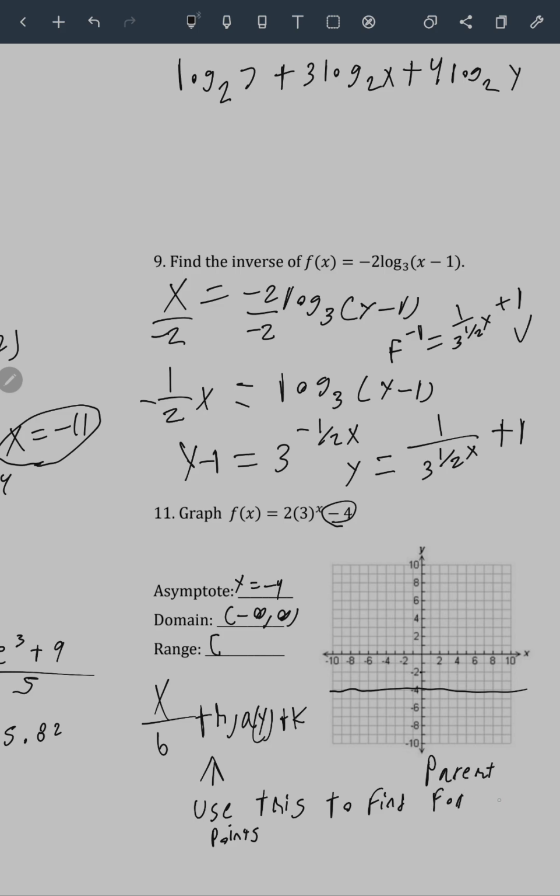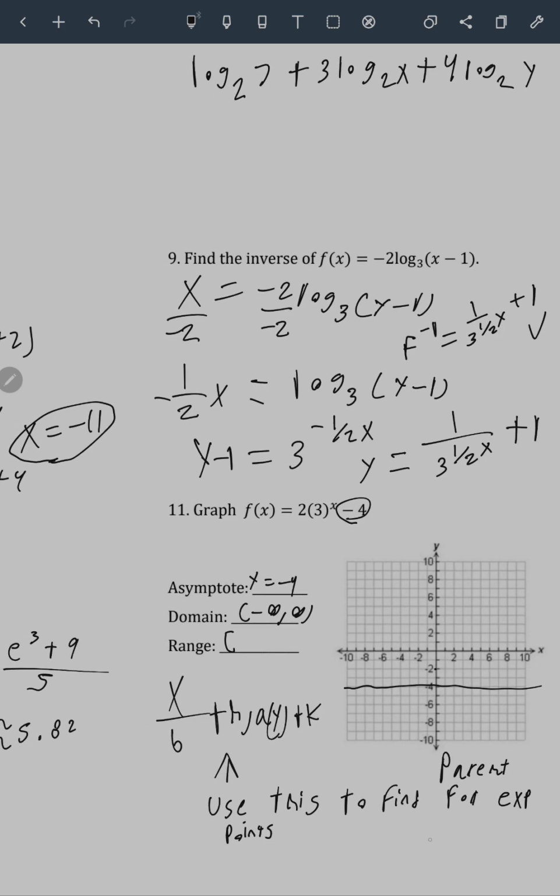The parent points for exponential functions are, I believe, 1, 0... wait up, this is important, allow me to correct myself.